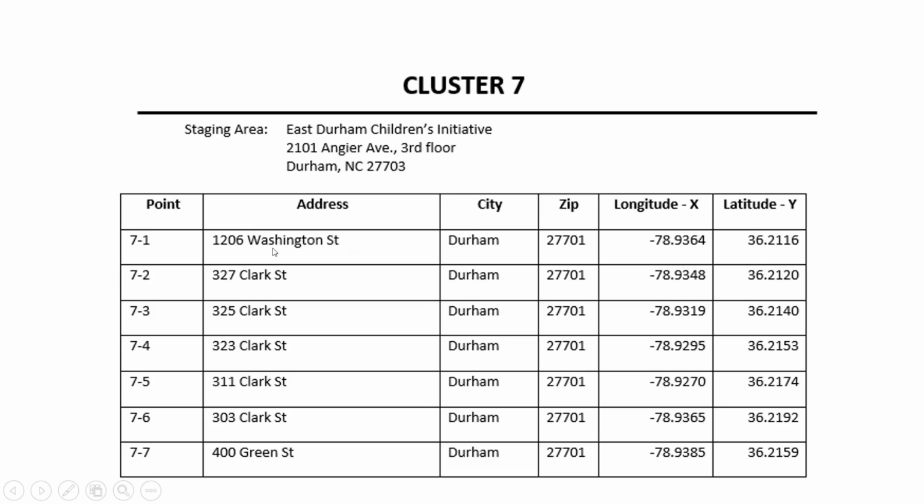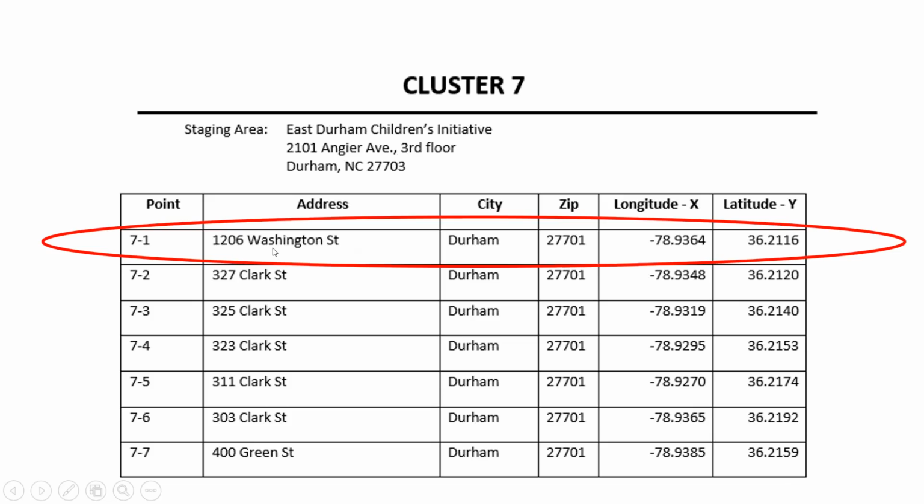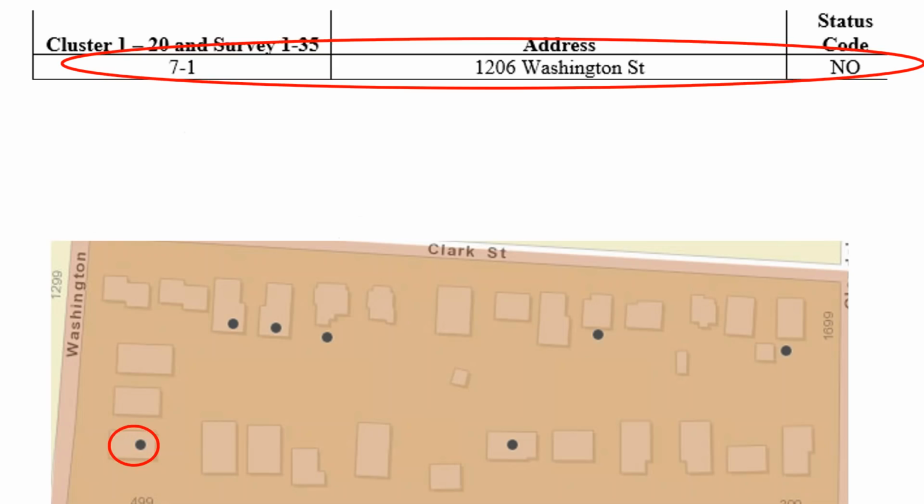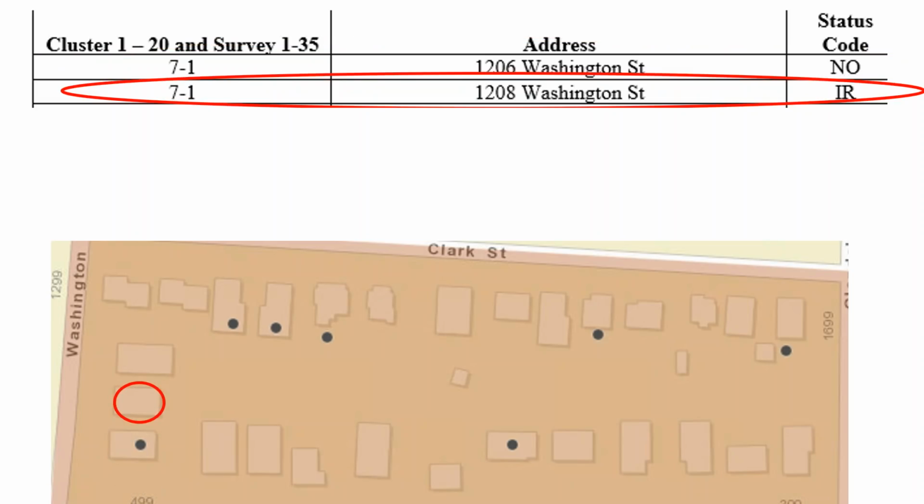So 1206 Washington Street. Okay, so we're going to drive to that address. We get there, and I've circled it on the map where it's at. We knock on the door, and you can see up here the status code. Either no one was home or no one was occupying that house. So now we've got to figure out what house to go to next. So we're going to go to the next closest house in the neighborhood, which is this house.